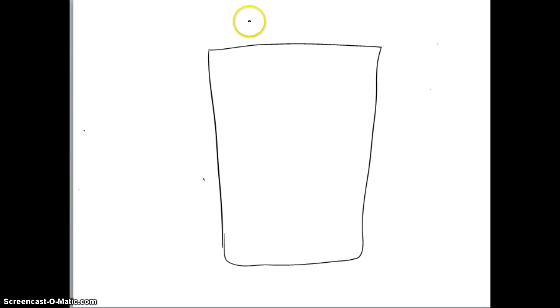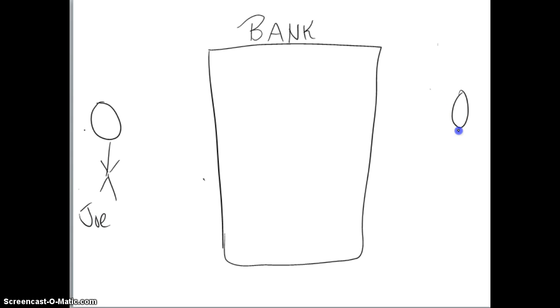Let's assume that this is our bank or any other type of financial institution. We're going to have two main players here. Joe, who is going to represent our depositor, and we'll have Amy, who is going to come into play in a little bit.